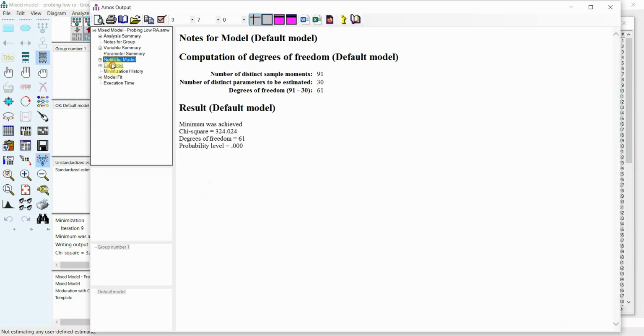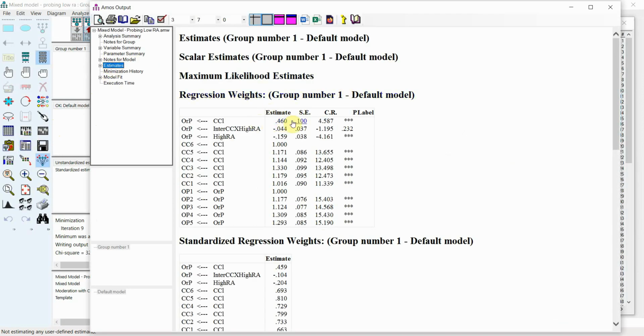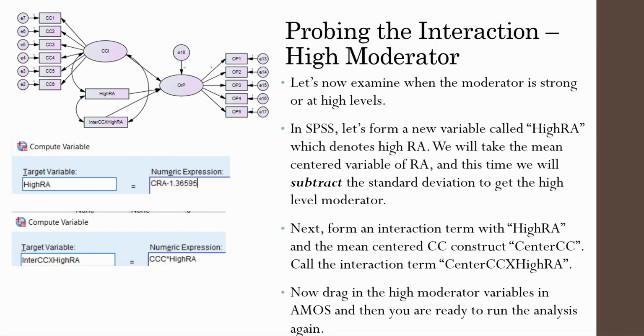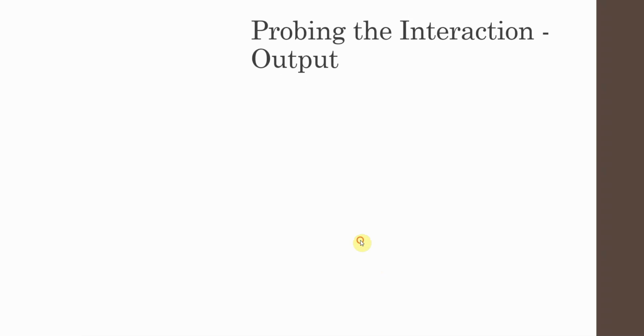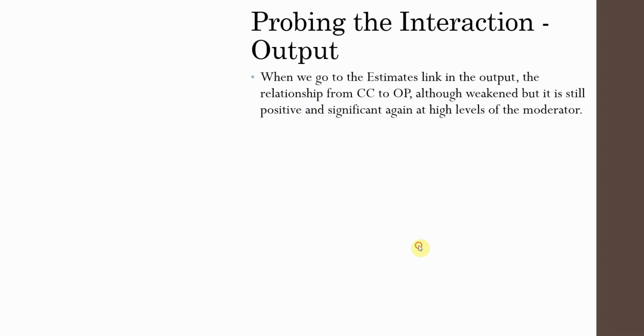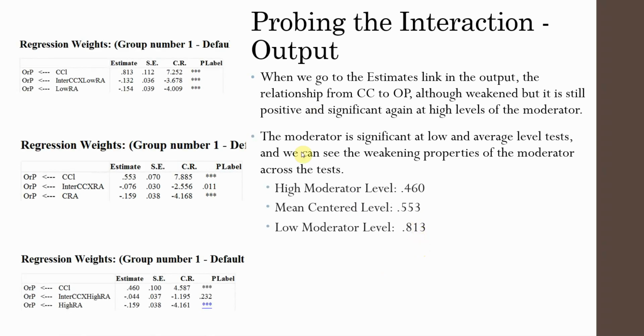And look at this, at higher RA, the relationship is weakened. And at high RA, your moderating effect is not there. There is no moderating effect. Let's go back here. The moderator is significant at low and average level.